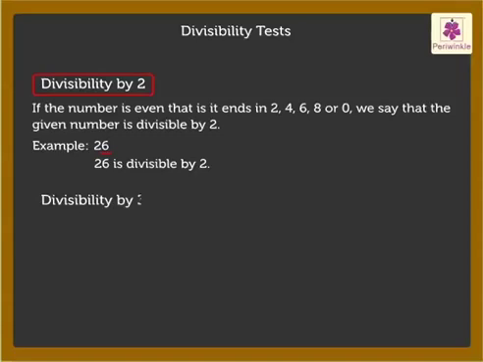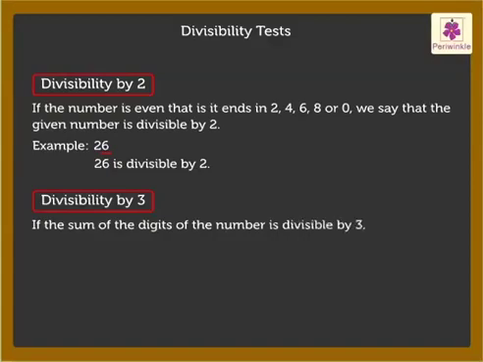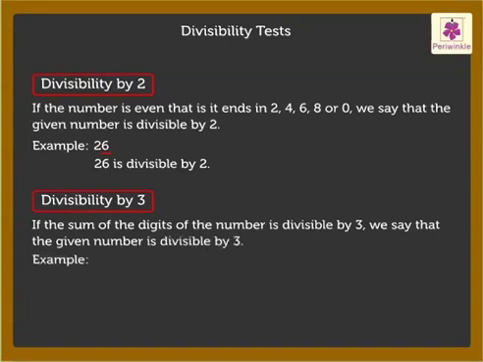Divisibility by 3. If the sum of the digits of the number is divisible by 3, we say that the given number is divisible by 3. For example, look at the number 384.